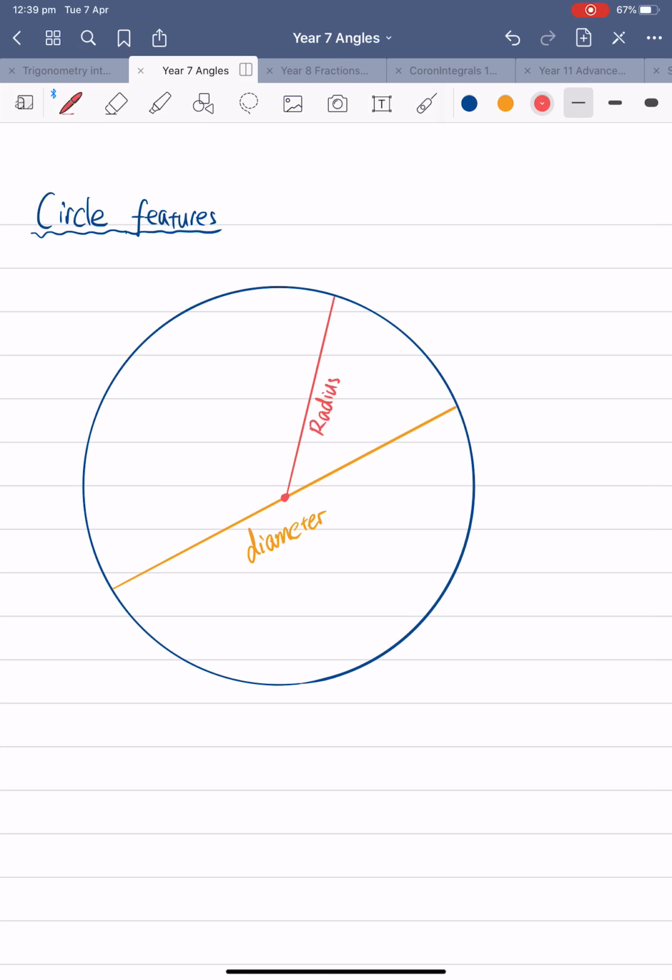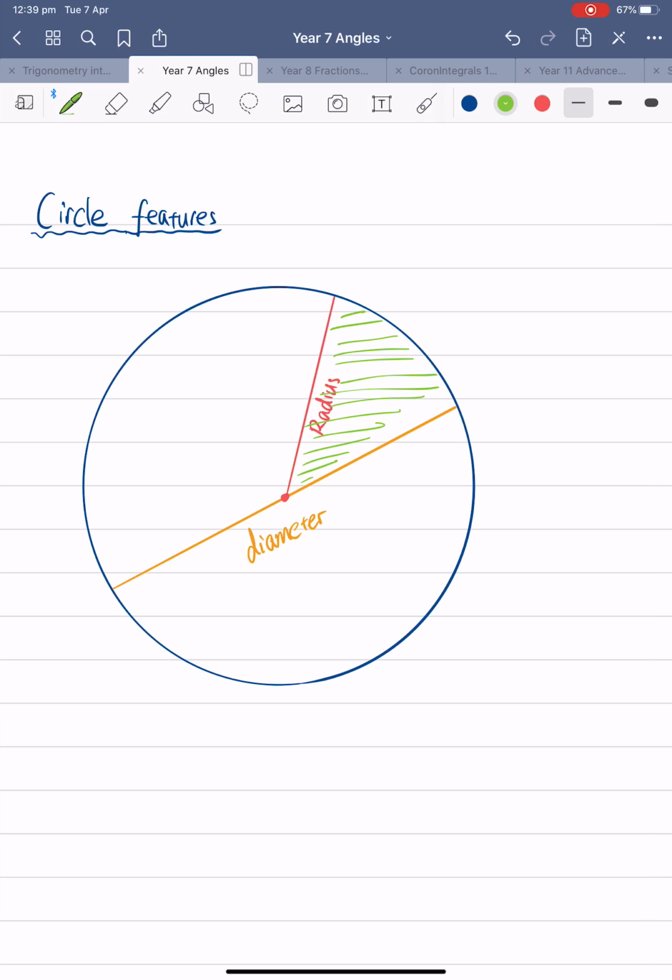Then the next one that you do need to know is the section that the radius and the arc create. So for example, if I'm looking at this region here, what is the name of this region? Well, it's a slice of pizza, a slice of cake, but the proper term is a sector.